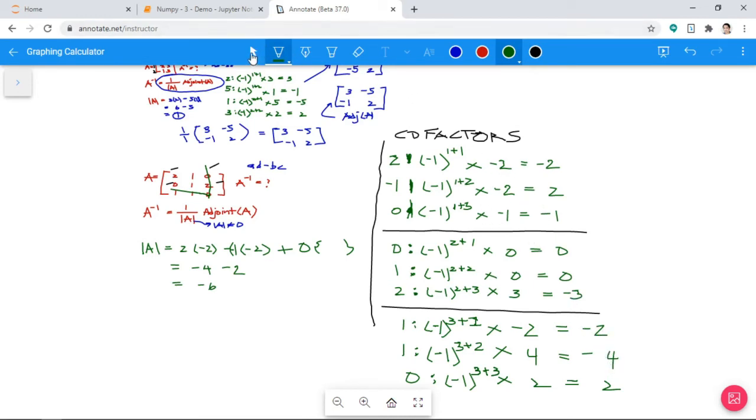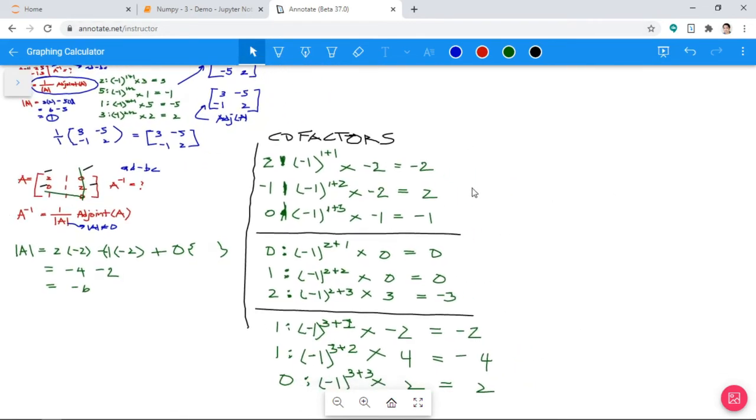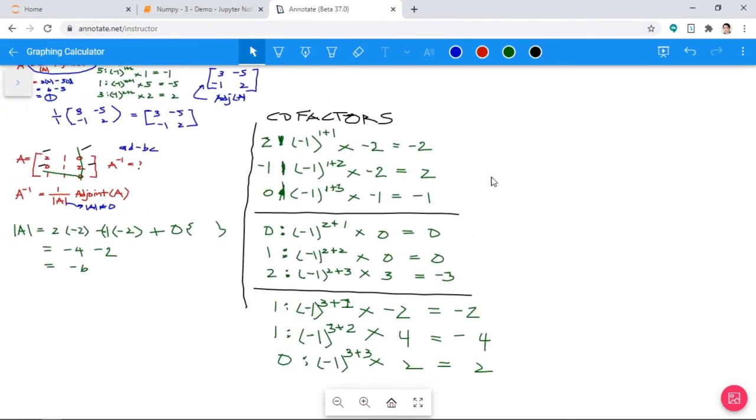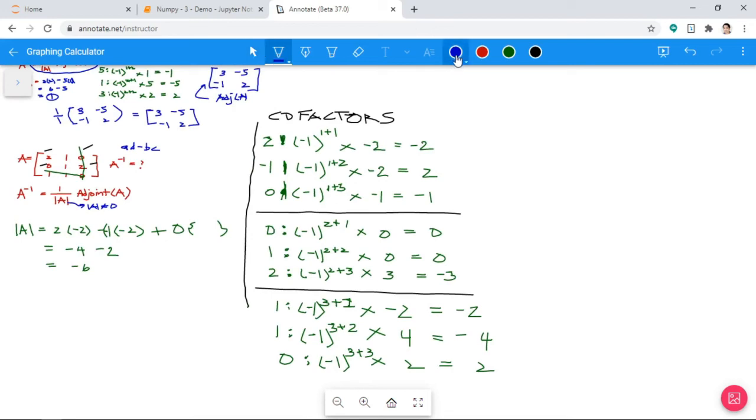So how do we derive the adjoint? We derive the adjoint by writing the cofactors. So this one is negative 2. Okay, this one is negative 2. Then the next one is for negative 1.